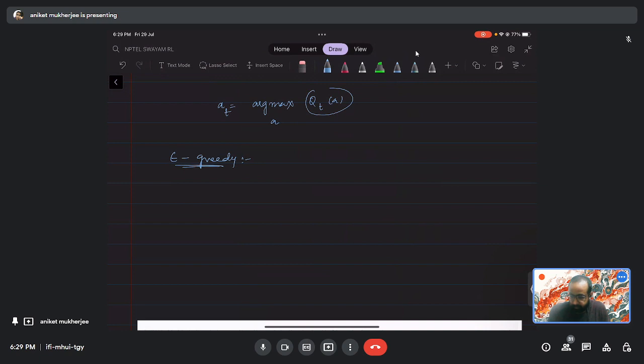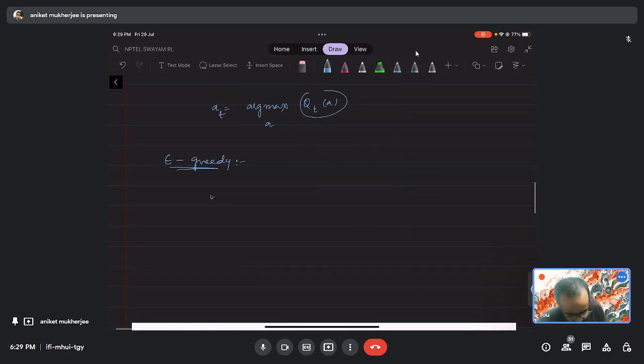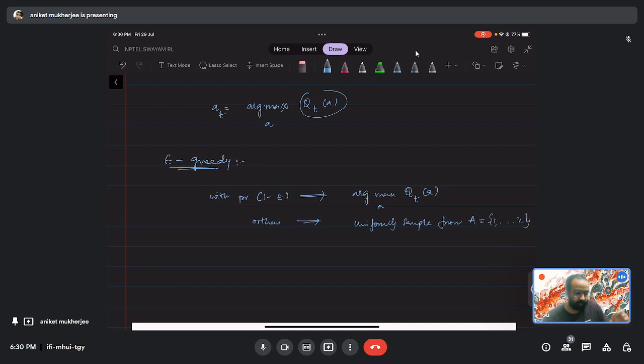Epsilon greedy says that with probability 1 minus epsilon, you pick the maximum of the calculated samples, because you don't have the true values, and otherwise you uniformly sample from the whole action space, any arm you can use, right?